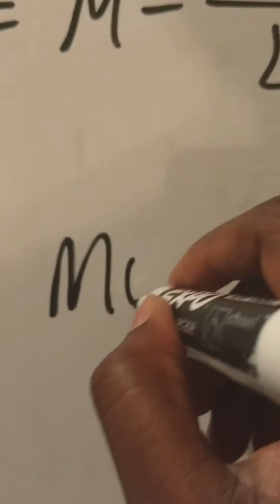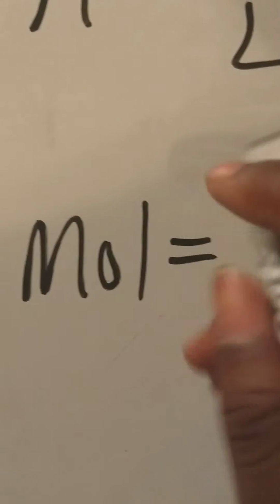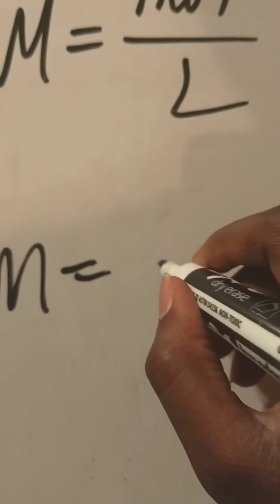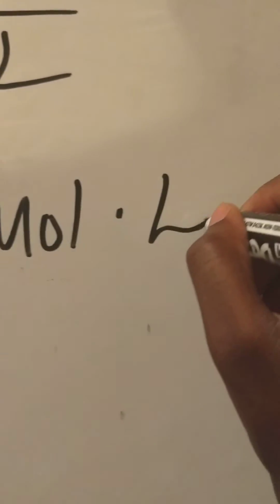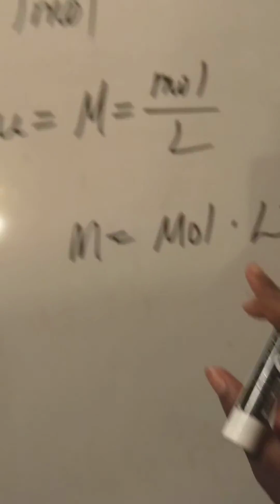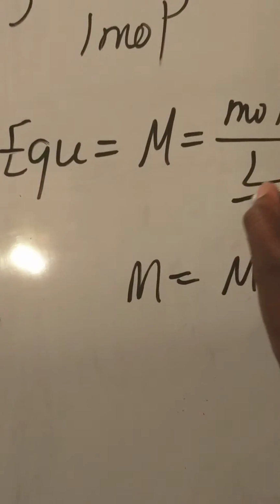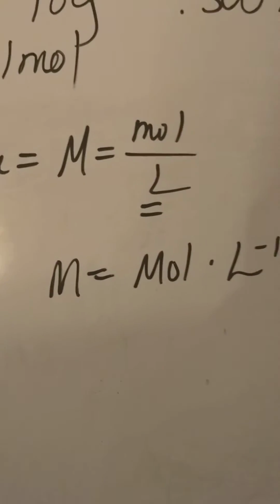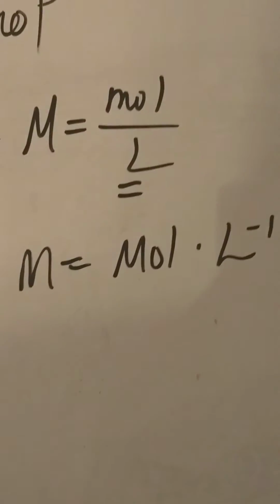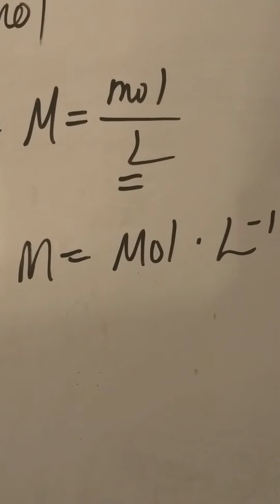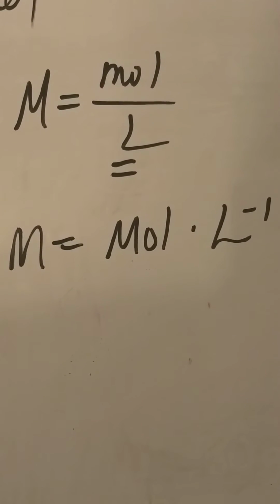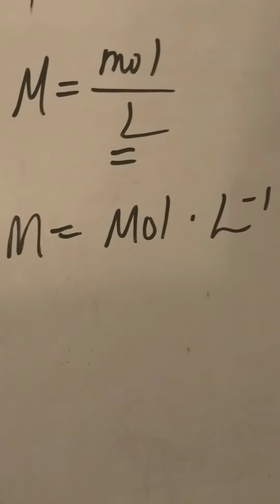I'm going to rewrite this. Molarity equals moles times liters to the negative 1. Once again, these are the same thing. They mean the exact same thing. In my very first video, which solves question 1, I proved this mathematically.